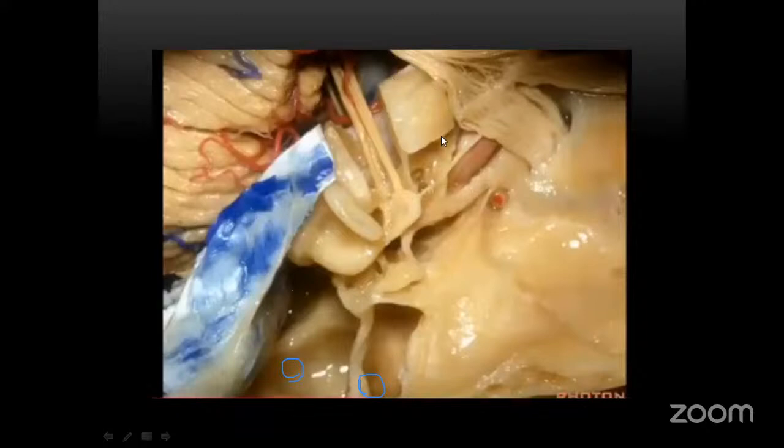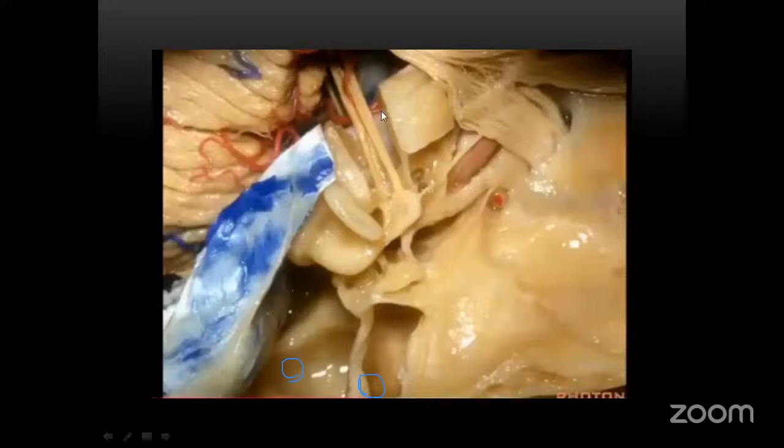When we cut down here, it's easy for us, because this is the area of the trigeminal ganglion, that we call the trigeminal impression. Just behind, medial to this trigeminal impression, we have the petrous apex. So we can go till here easily.